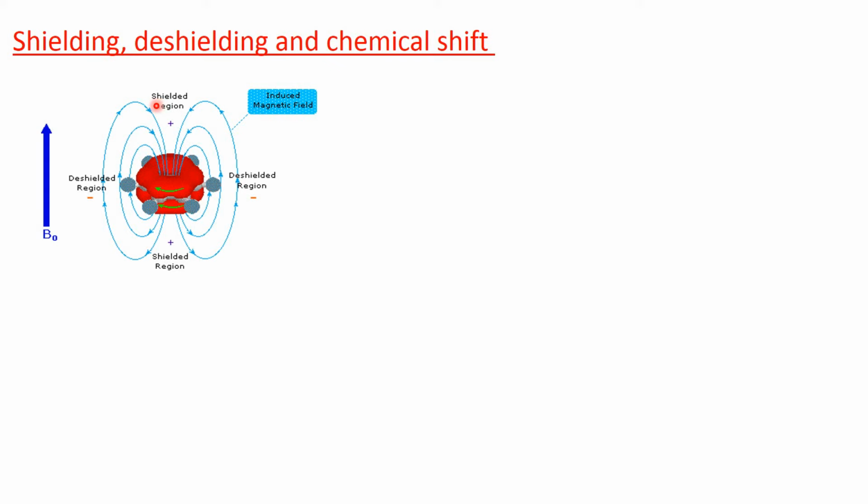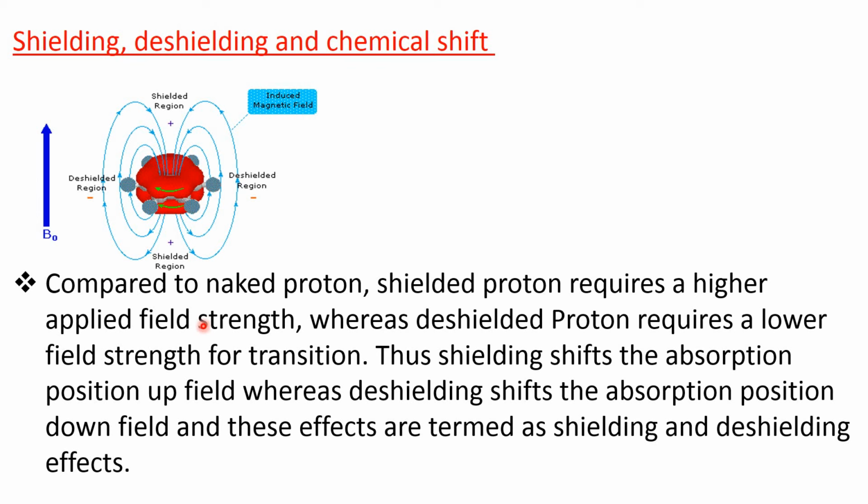And this shift of the absorption position of the proton due to its placement at the deshielded or shielded position is known as the chemical shift. Let's see. Compared to the naked proton, a shielded proton requires a higher applied field strength, whereas a deshielded proton requires a lower field strength for transition.